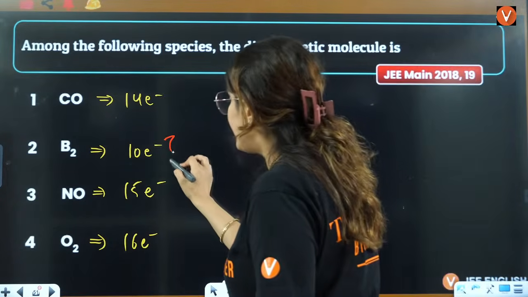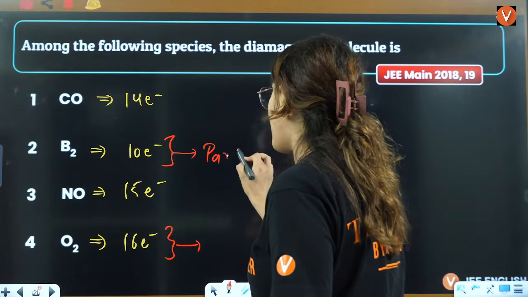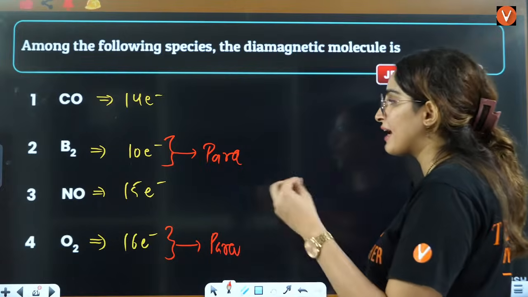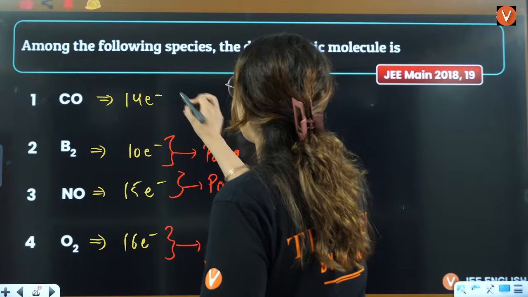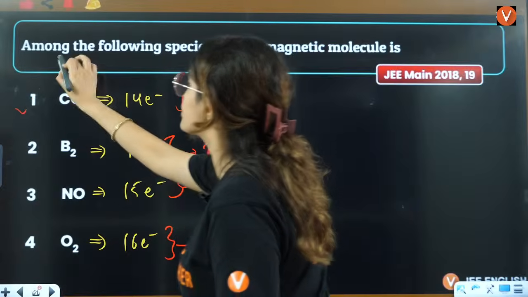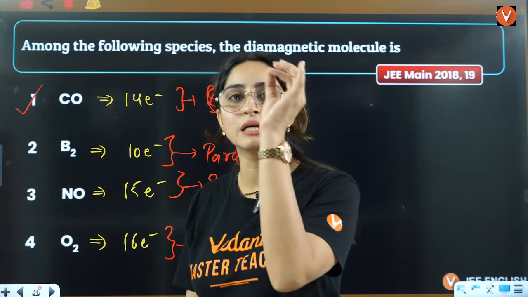Boron and oxygen come into the exceptions. That's why they both are paramagnetic, right? But we know that an odd electron species is paramagnetic in nature, and an even electron species is diamagnetic in nature. So we can say the first is the correct answer directly from the trick.